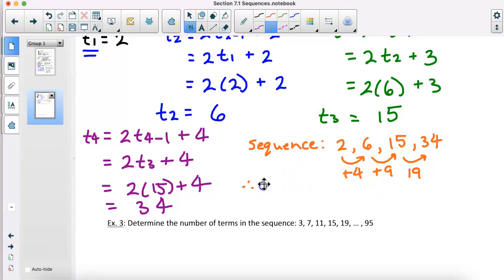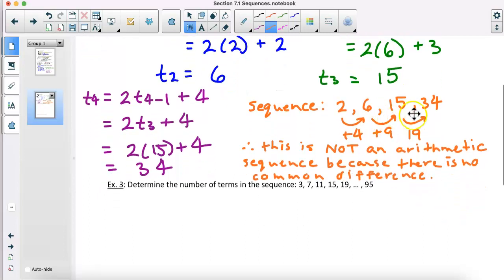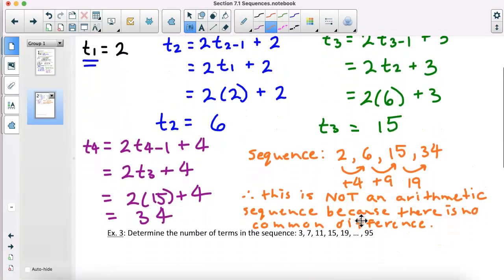So what we can say is, this is not an arithmetic sequence because there is no common difference. Okay, so that's the indication that, again, it's not going to be arithmetic.